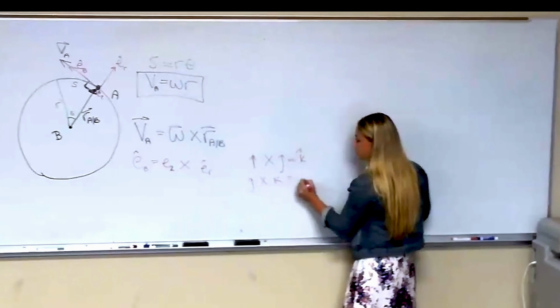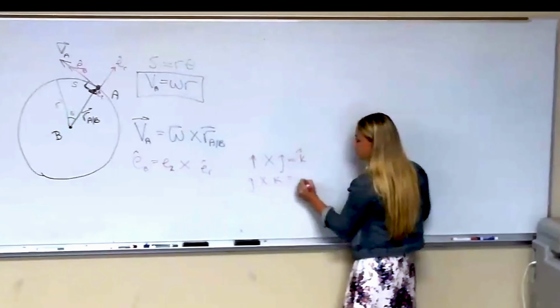The cross product gives you the direction orthogonal to both of these. So in this case, we have Z and R, which is radial. The axis perpendicular to both of these, or this plane, is going to be theta. Okay, that was a long-winded explanation, but I hope you understood it.